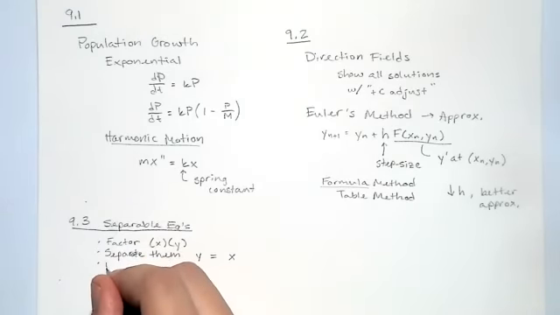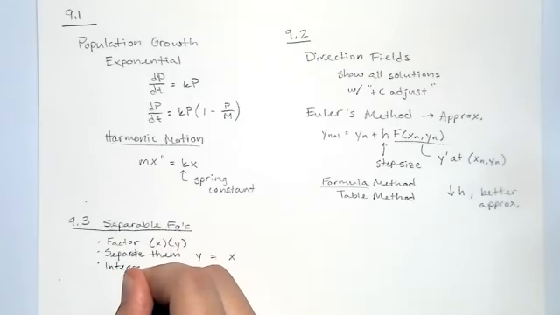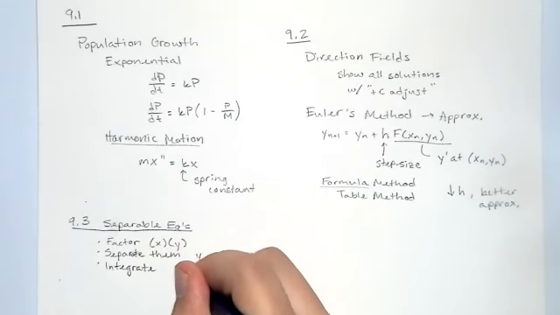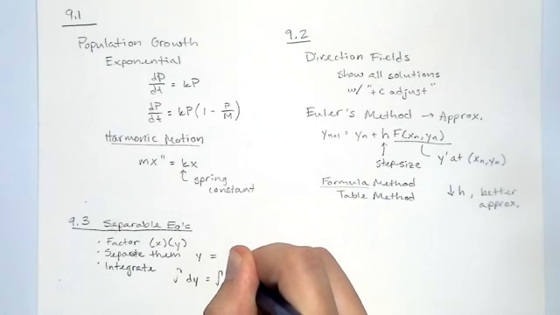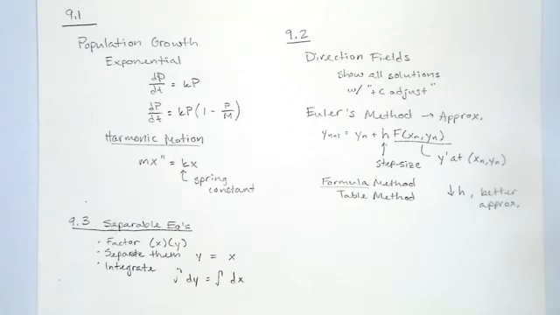And then you want to integrate once you get to that point. And you will do each of those respectively on either side. And then you can use that to then solve.